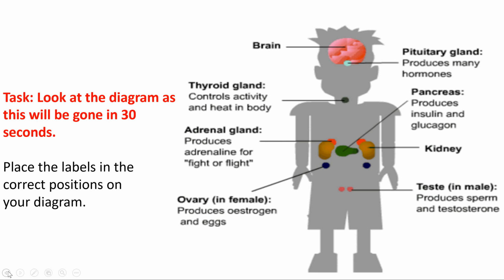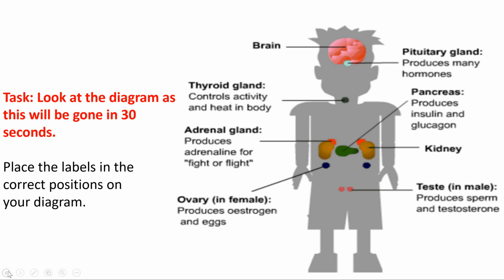And in males, the testes will be producing the male sex hormone, which is called testosterone. So these hormones are involved in causing changes that occur during puberty, and in females, they are also involved in the regulation and control of the menstrual cycle.